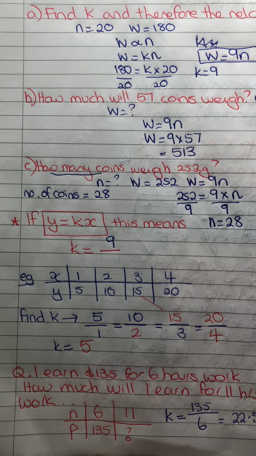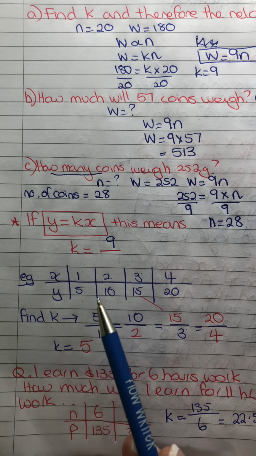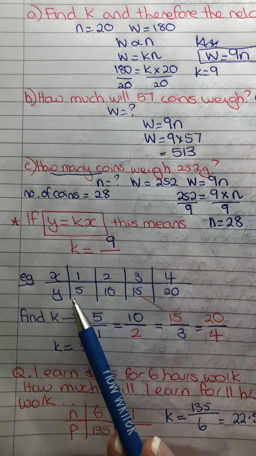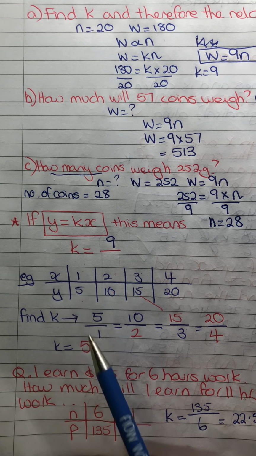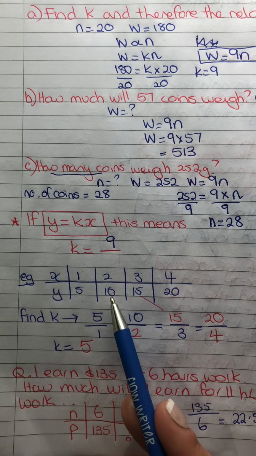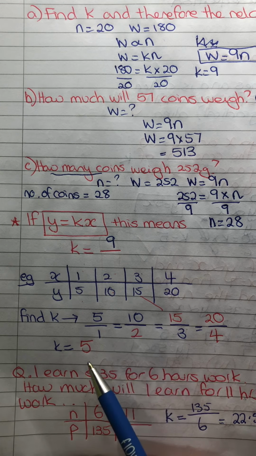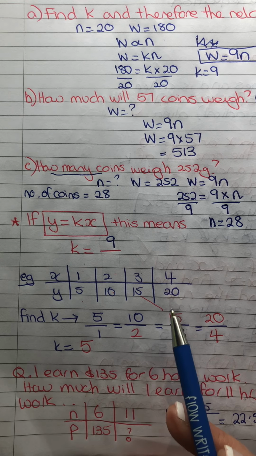All right, what does that mean? k is 22.5. If we go back to this one, when k was 5, how did we get from one to another? If we work out k is 5 from this one by doing 5 divided by 1, then we go 5 times 2 is 10, if we didn't know it. 5 times 3 is 15. 5 times 4 is 20.